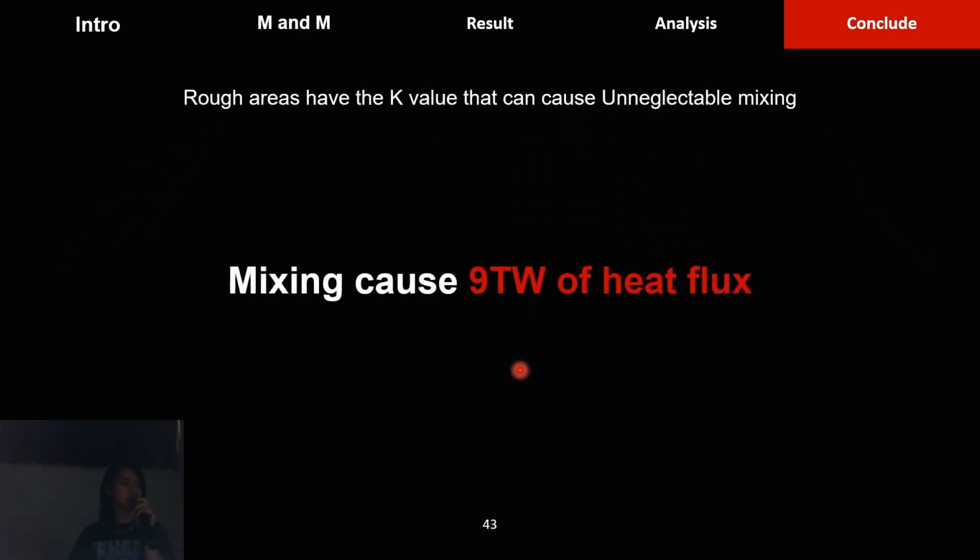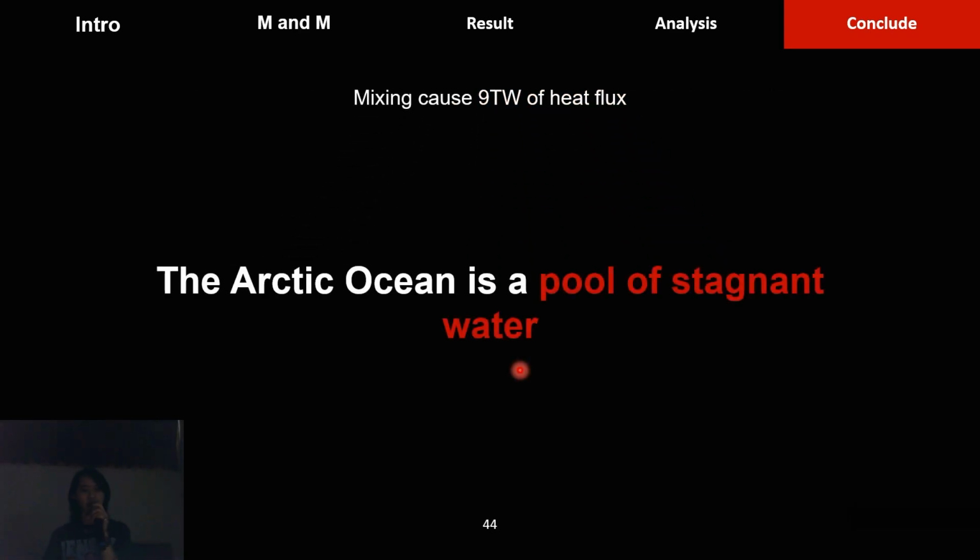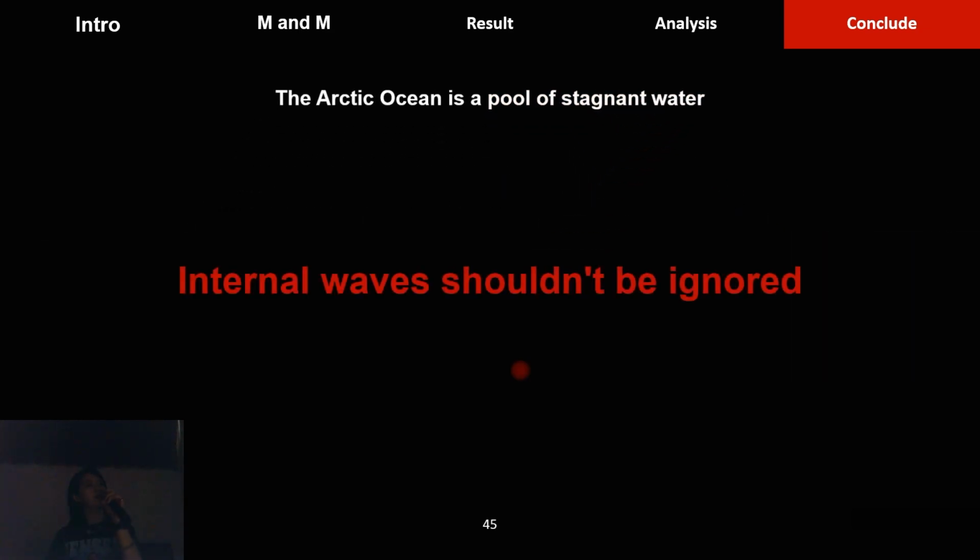And that is about 9 terawatts of heat flux. So the Arctic Ocean is not a pool of stagnant water. And the internal wave energy shouldn't be ignored if you want to do some climate modeling or stuff. And that is for today.